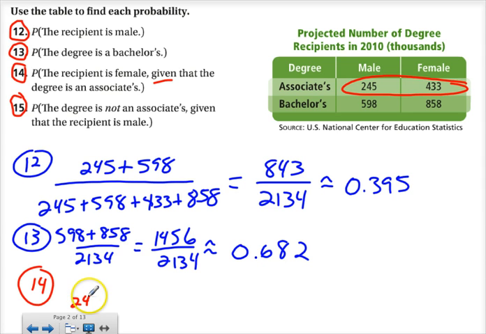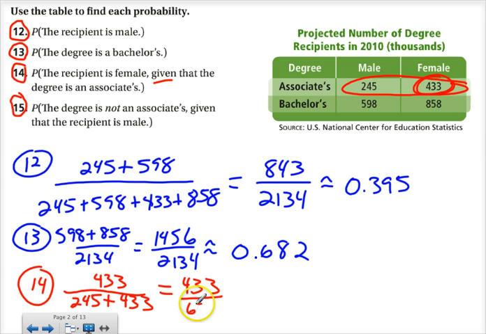So that will be 245 plus 433 for my given. And then I want the people that are female that have that associate's degree, and that's this 433 right here. So I will need 433 divided by 678. Again, kind of a nasty fraction, so maybe better to put that as a decimal, which is 0.639.